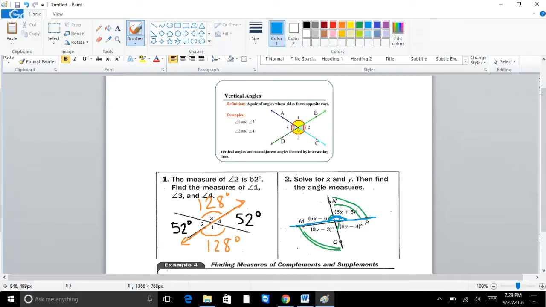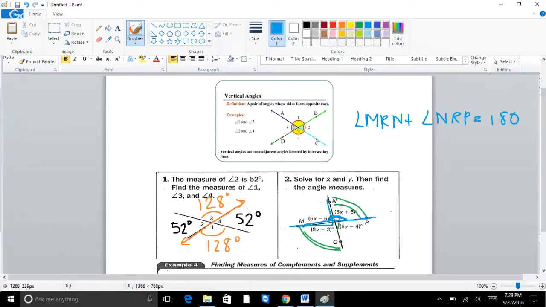together to be 180. So that means that I marked over it, angle MRN, plus angle NRP equal 180 degrees.